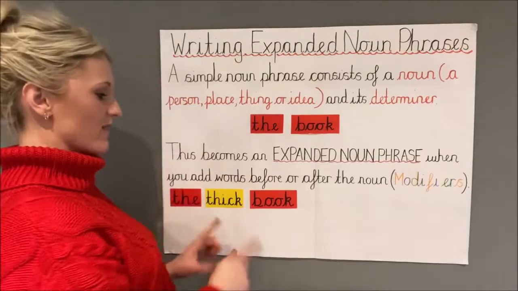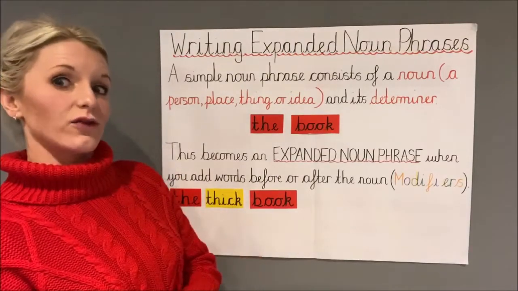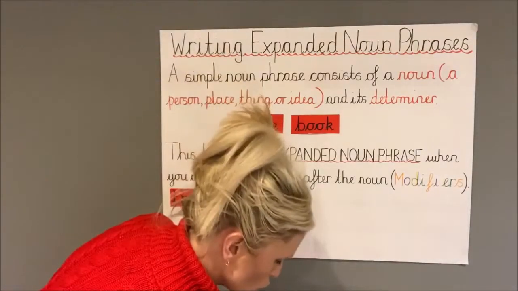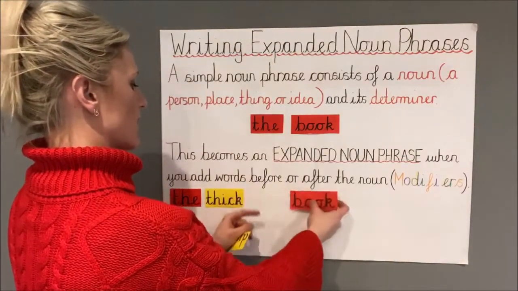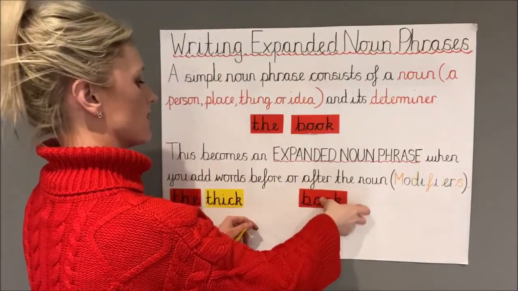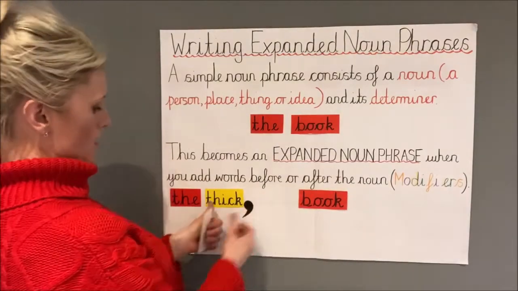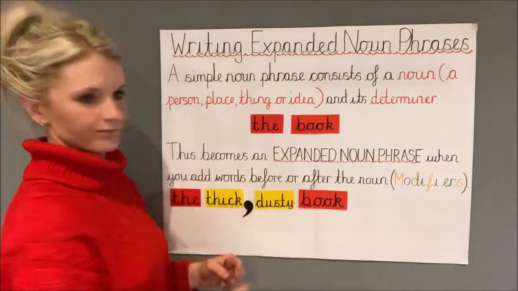By the time we get to Year 2 and 3, we expect the children to be able to add in 2 adjectives. And when we do that, we need to remember to separate them with a comma. So then we would have something like this: the thick, dusty book.